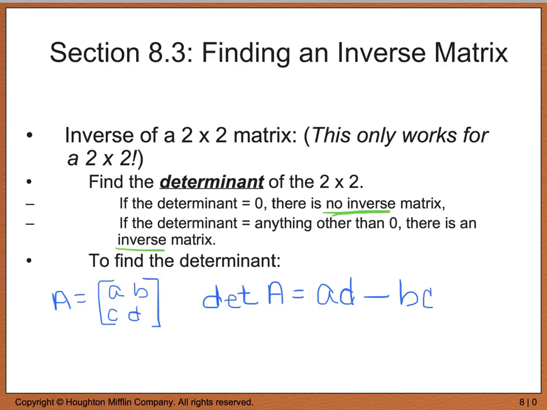And again, if I take AD and subtract BC from it, and I get 0, that tells me I have no inverse. If I get anything other than 0, then I will have an inverse matrix for this 2 by 2.